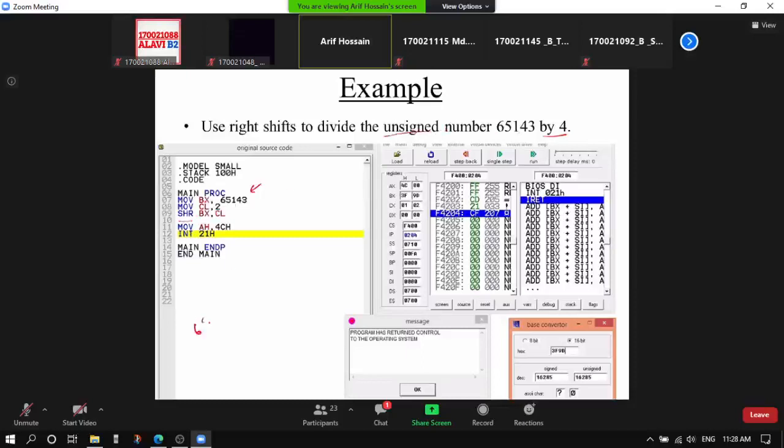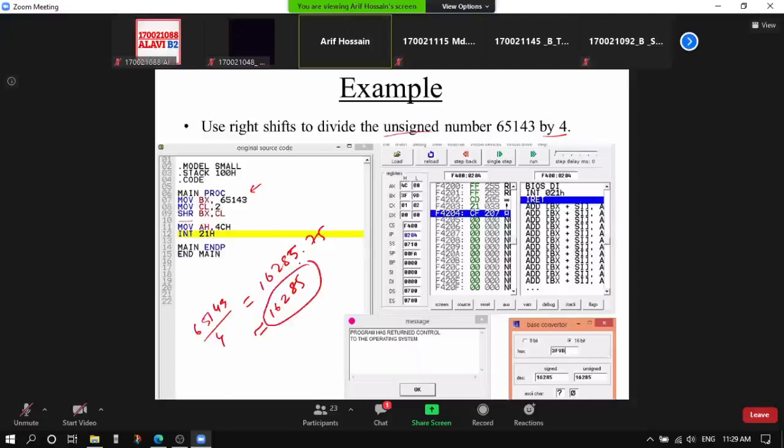If you divide 65143 by 4, how much do you get? The answer we get is 16285.75. If it is rounded down, it will be 16285.